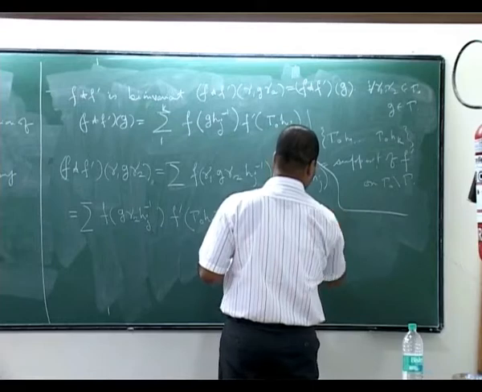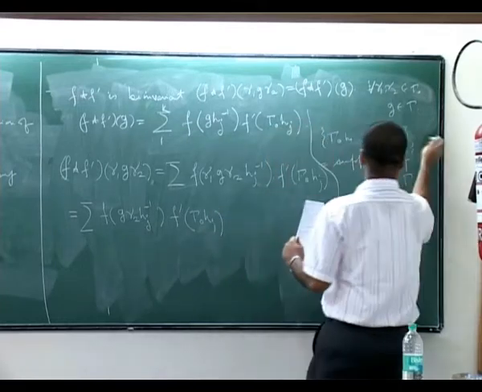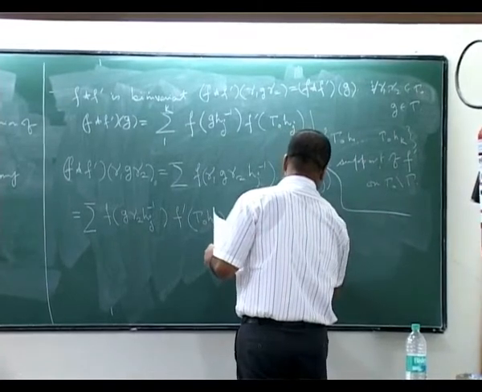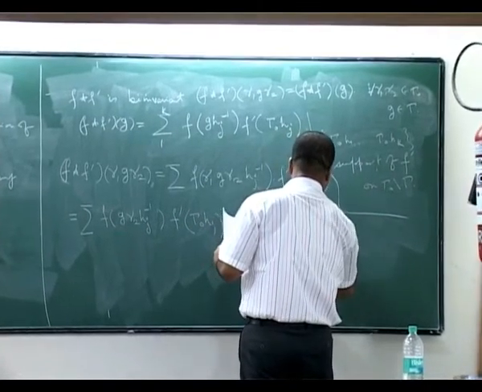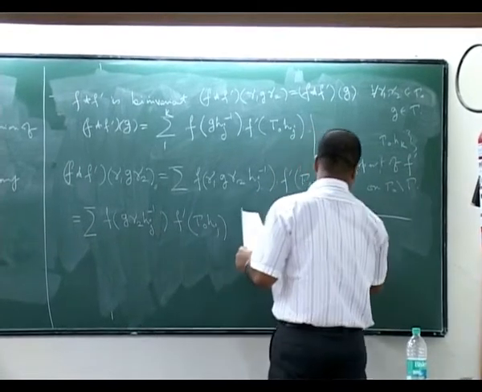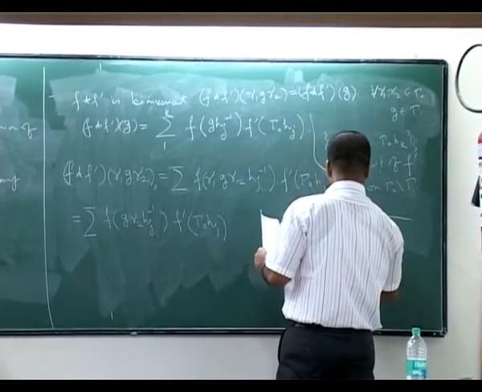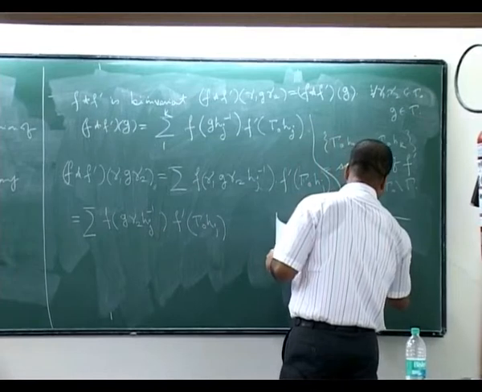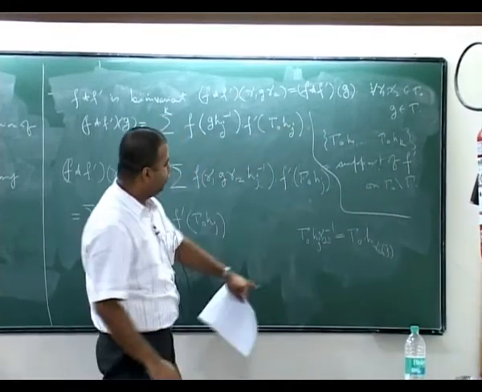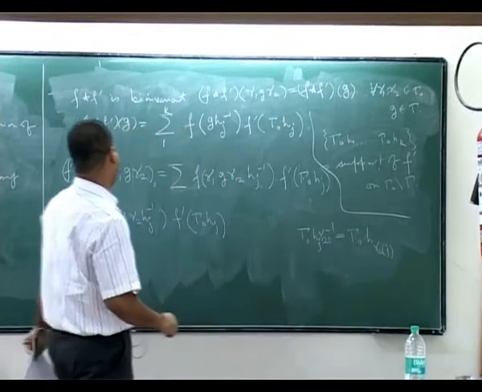If I define gamma naught h gamma 2 inverse hj equal to gamma naught h, let us call it gamma 2j, then this is actually a permutation of these indices.